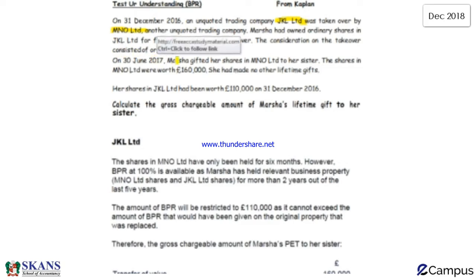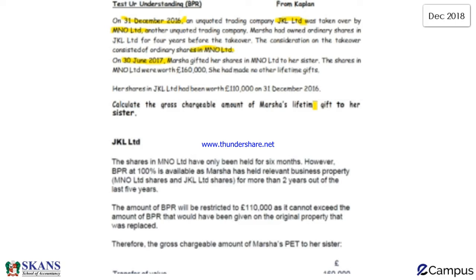On 30th June 2017, Marsha gifted her shares in MNO Limited to her sister. Now, she received these shares of MNO on 31st December 16. She wants to transfer them after a year.